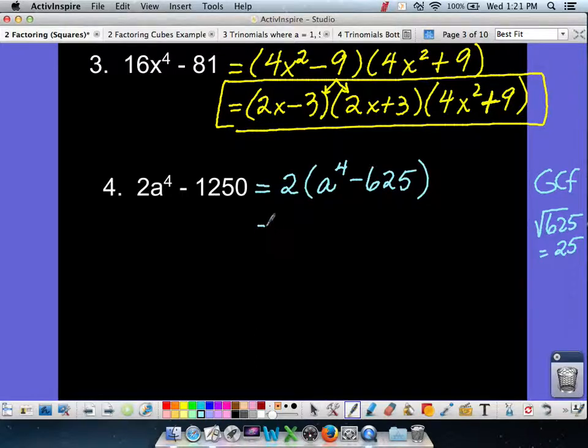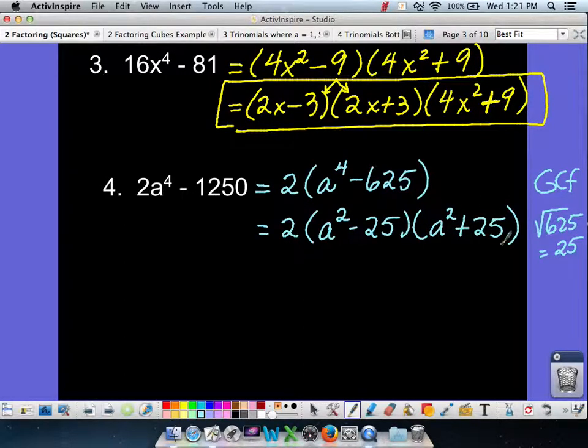So when I factor that, I keep the 2, and I remember to divide this in half. So this is a squared minus 25 times a squared plus 25. So I factored this as the difference of squares. But if you look right here, you again have a difference of squares. So this is, I guess, a triple factoring.